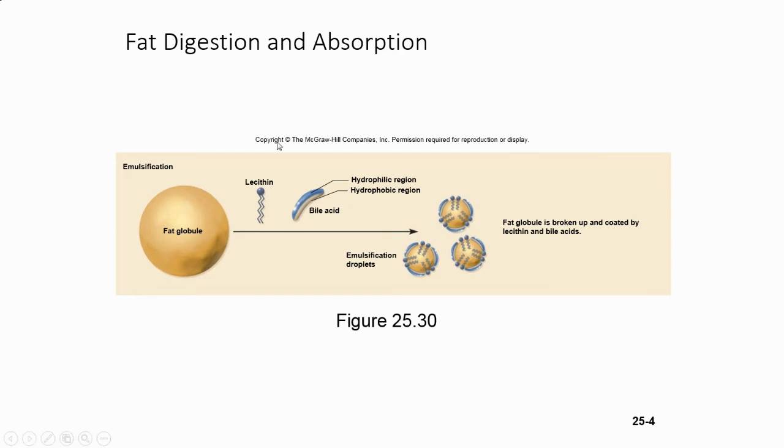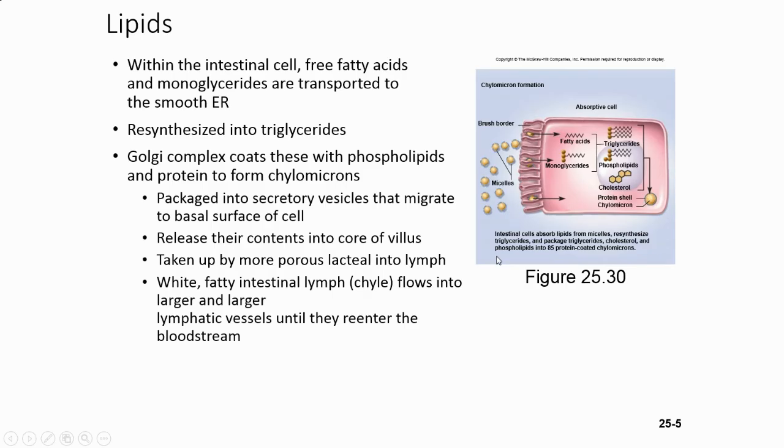So this is a process called emulsification, where we shatter a big fat globule into many microscopic fatty droplets. These can now be absorbed into the enterocyte, and that's what we see here in this figure.